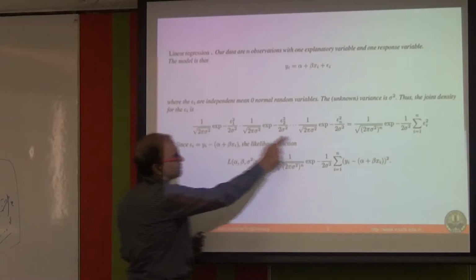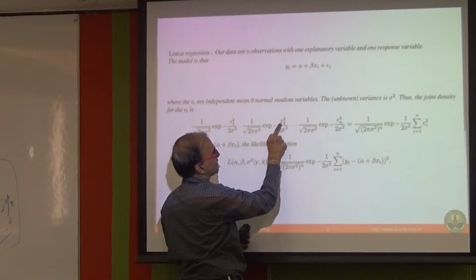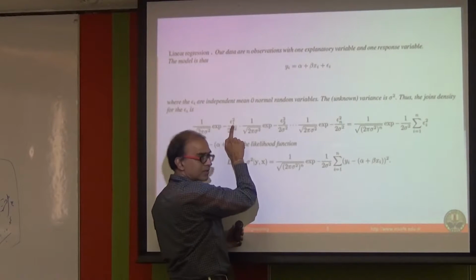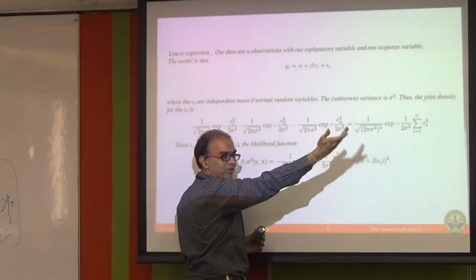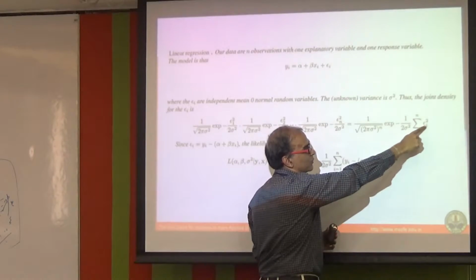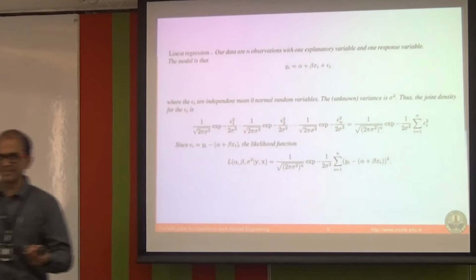So these get multiplied n times if there are n points, and these get added. e to the power of m1, m2, m3 is equal to e to the power of m1 into e to the power of m2 into e to the power of m3, which is e to the power of m1 plus m2 plus m3, for all the points when you assume the mean will be 0.